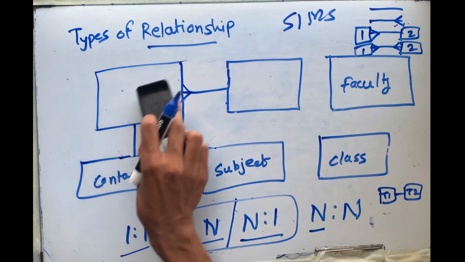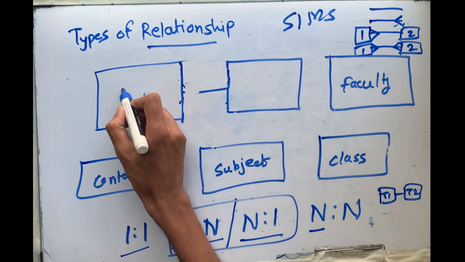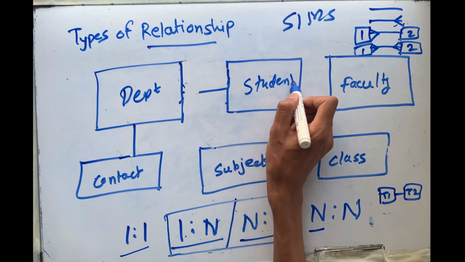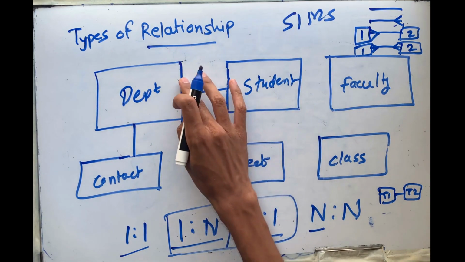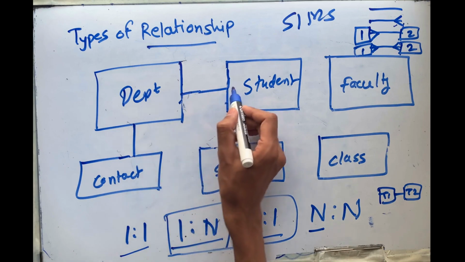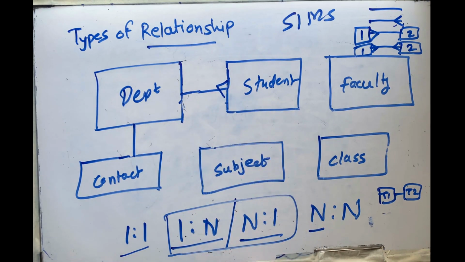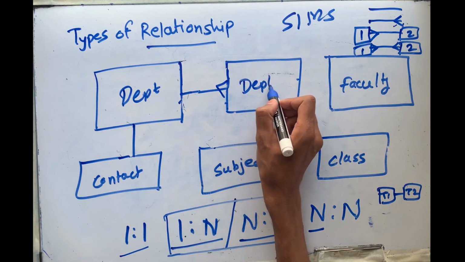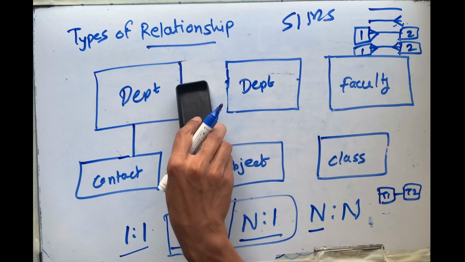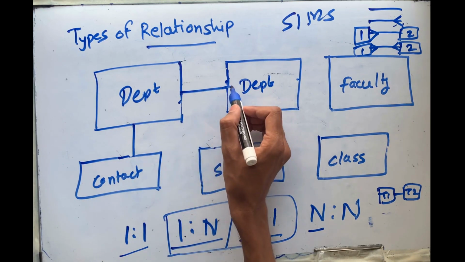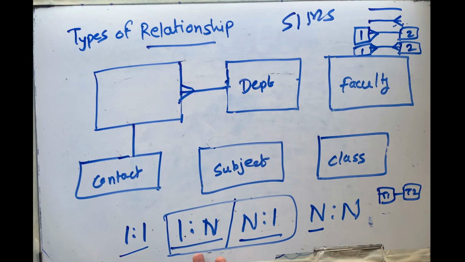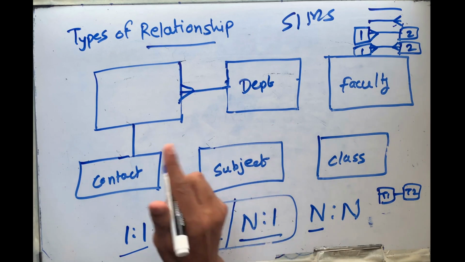Let's say here is the department and here is the student table, correct. So one department has multiple students, that is the one to many. To be frank, this is the one to many and many to one, it is only one thing.